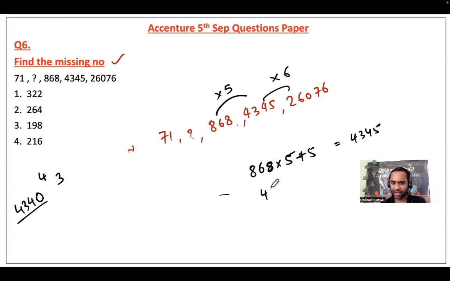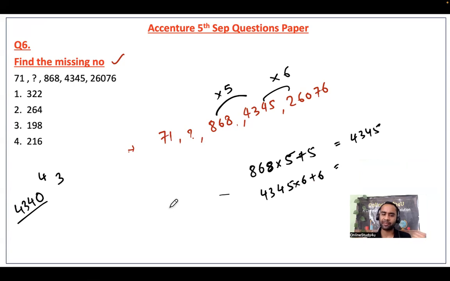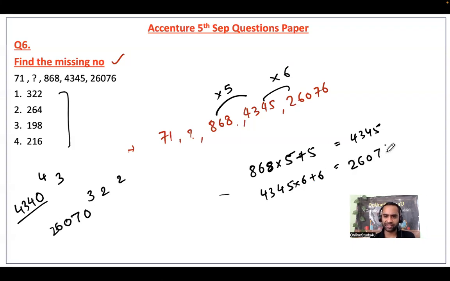Okay. See, by seeing the question, because I had already taught you, if the numbers are becoming bigger and bigger, that means something is getting multiplied. 71 became some 200 or 300, 300 became 800, 800 became 4000, 4000 became 26,000. That means something is getting multiplied. Then 6 5s are 30 and 24 plus 3 will be 27, and 0, 2 and 2 6. So 26076, yes, correct.